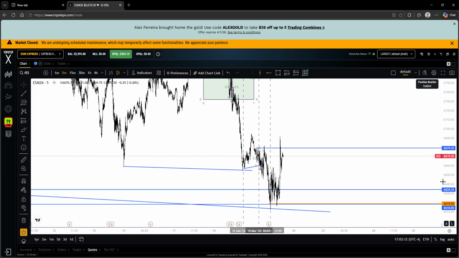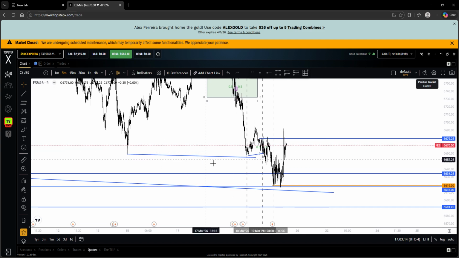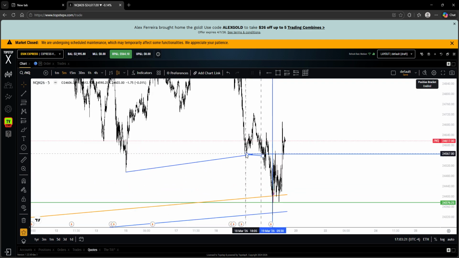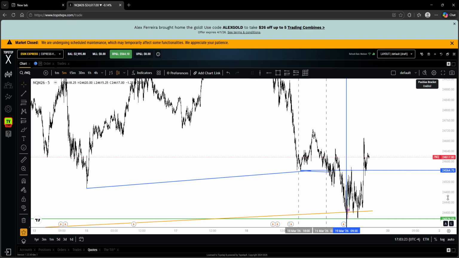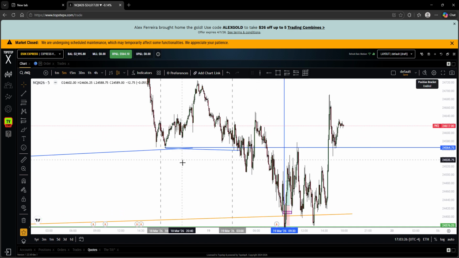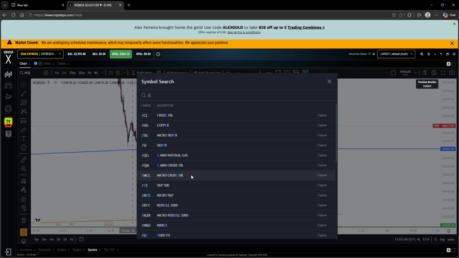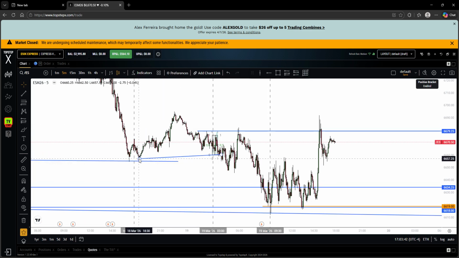So first of all, we have this big SMT right here with the S&P 500 taking these lows, and Nasdaq not taking these lows, making a high time frame SMT, and then we have another SMT with London taking Asia session low, and ES did not take Asia session low, so I thought that was an SMT.